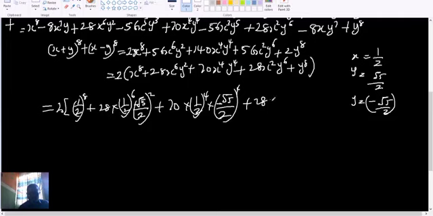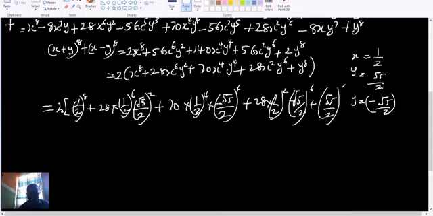So here you have 28 x. So x is 1 over 2 raised to power 2. So y is root 5 over 2 raised to power 6 plus root 5 over 2 raised to power 8.